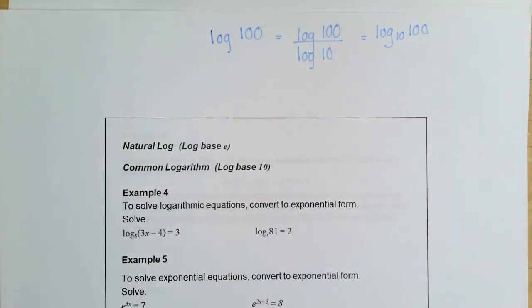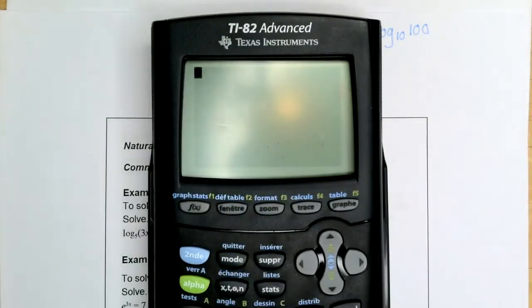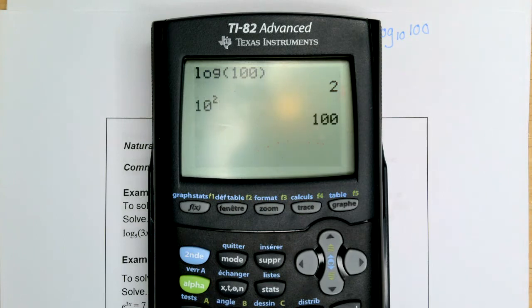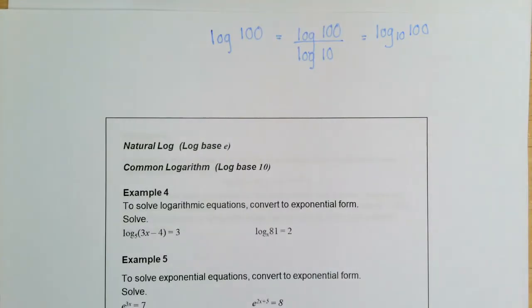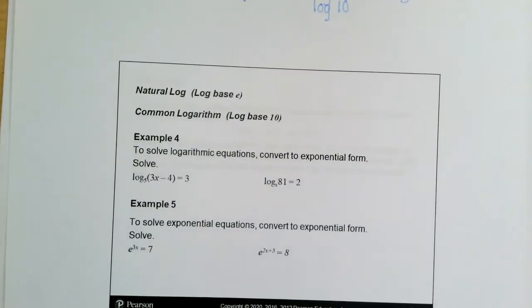Yeah. Log 100 is 2, because 10 to the power of 2 is 100. It's called the common log.